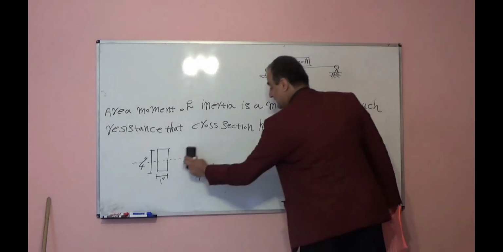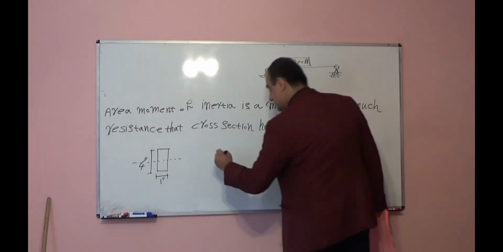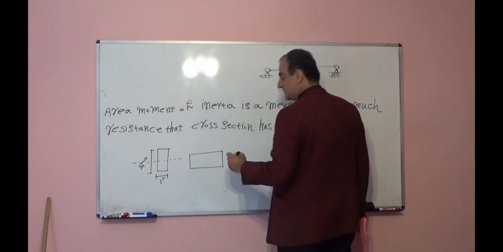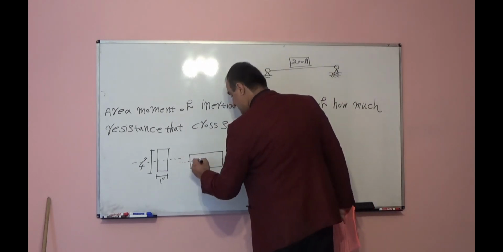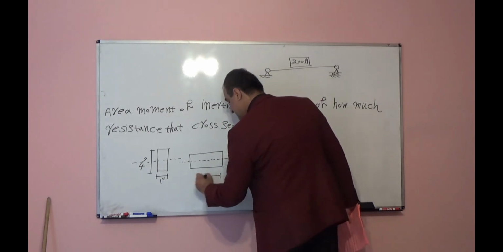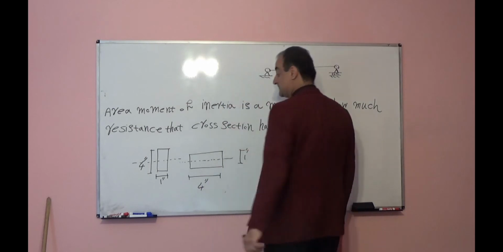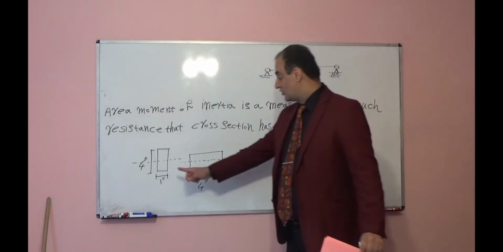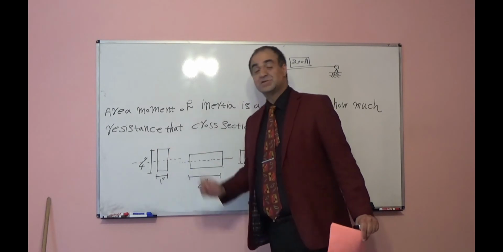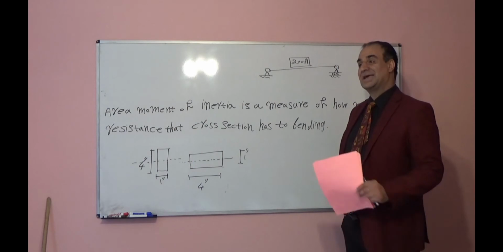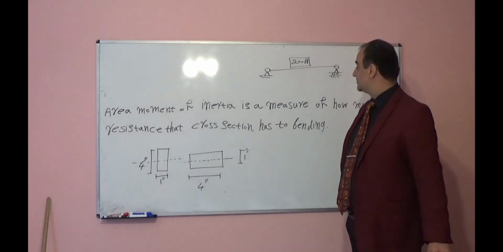If we rotate and put it in this direction, this is 1 inch, now this is 4 inch. Both of them are possible. Which direction is good? In which direction will it resist bending moment more?